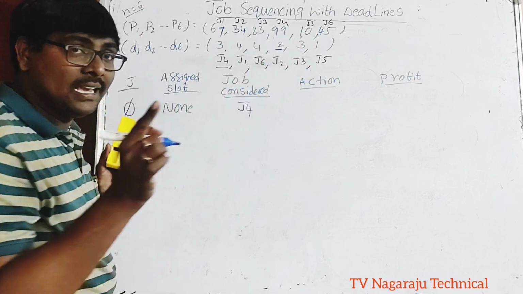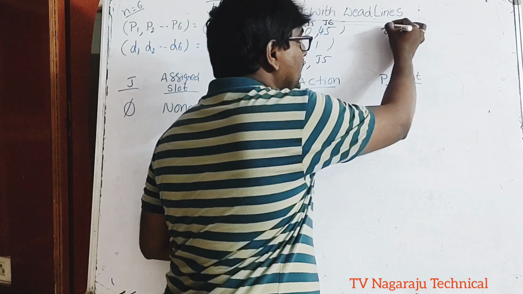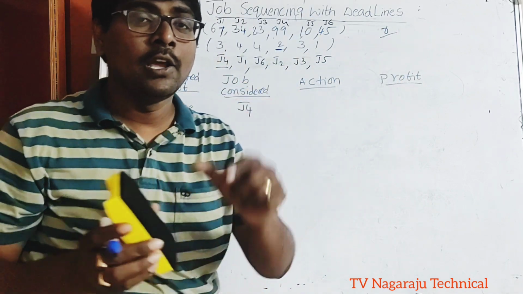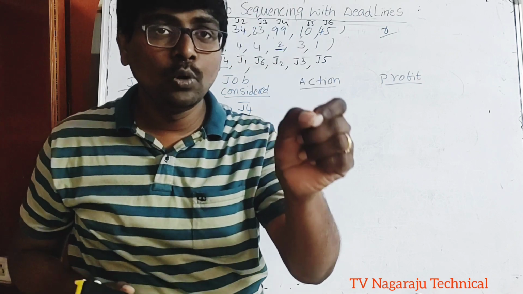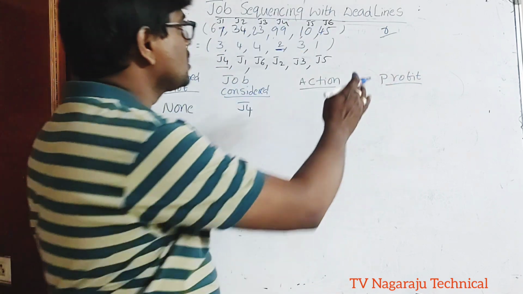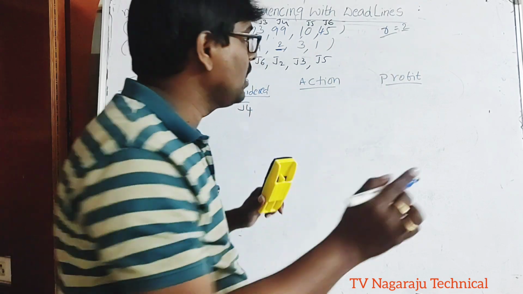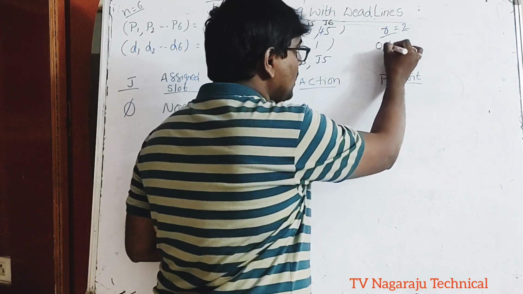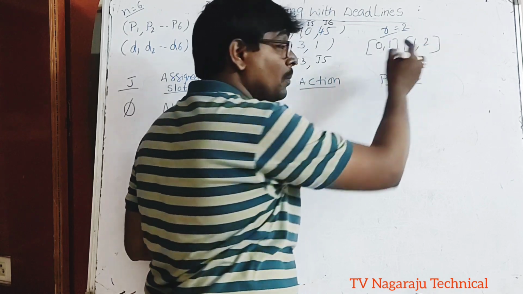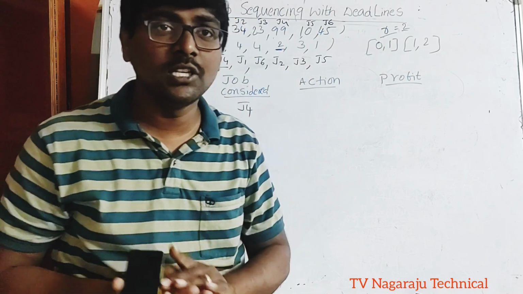Remember for any job, if the deadline is R, first you need to allocate the last slot. Suppose R is equal to 2, how many slots are available? 2 slots. One slot is 0 to 1, one slot is 1 to 2. A job needs only one slot for execution.